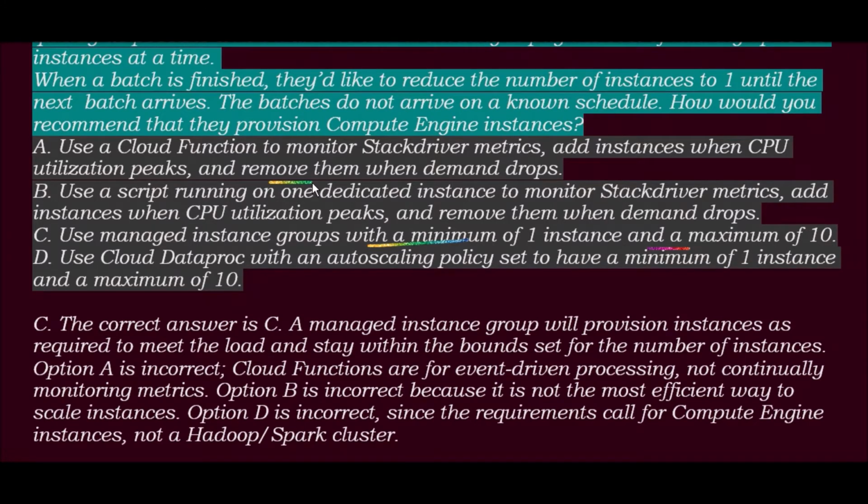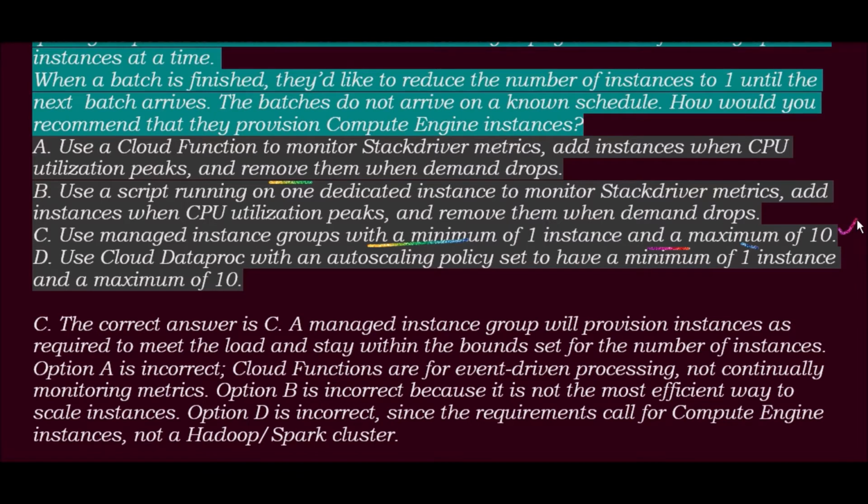Okay, option C, use a managed instance group with a minimum of 1 instance and a maximum of 10. This is the correct answer because a managed instance group will provision instances as required to meet the load and stay within the bounds set for the number of instances.